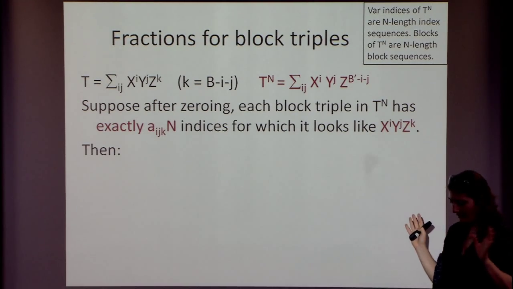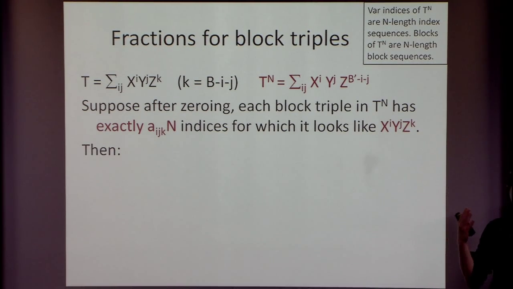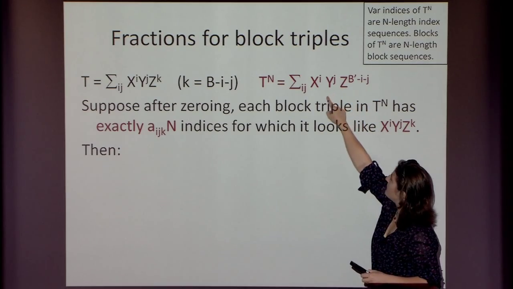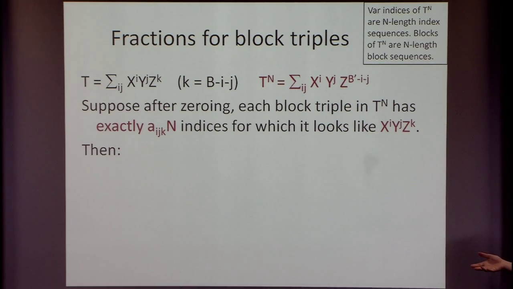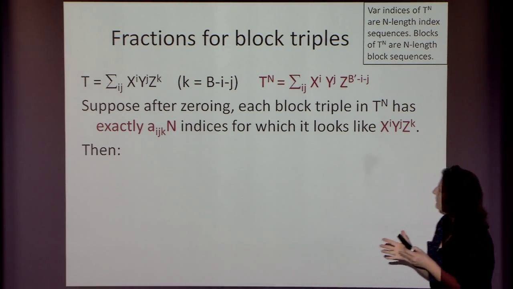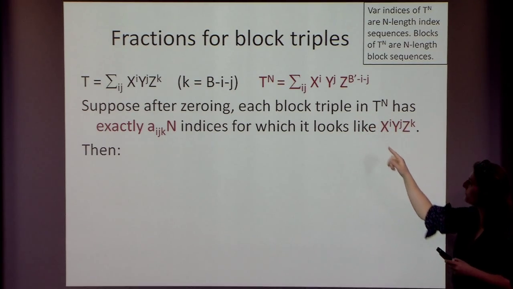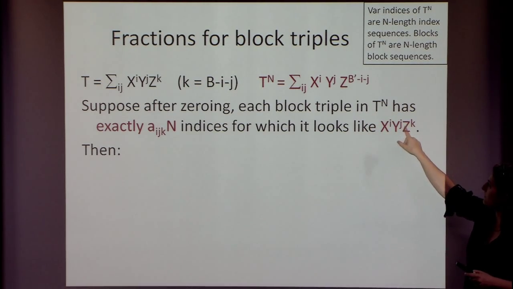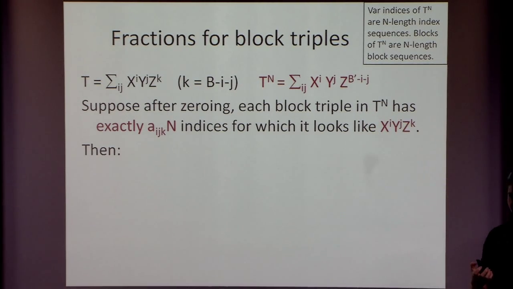Suppose that after I've zeroed out a bunch of these blocks, what remains is that t to the n is a sum of block triples, and I have exactly a_ijk times n indices in which every one of these triples looks like x sub i, y sub j, z sub k from the original tensor.